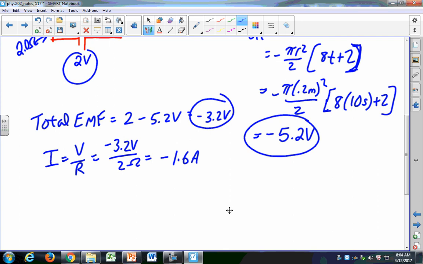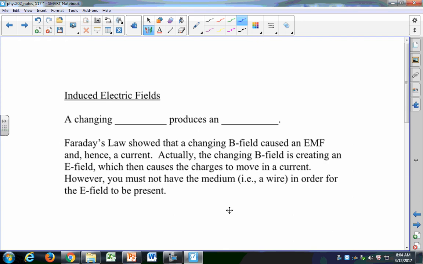But let's look at induced E fields. So we have a changing magnetic field. This is Faraday's law. It produces an electric field. And the electric field has been sort of ever present all along, because we've been talking about a changing magnetic field, and then we talk about an induced current.